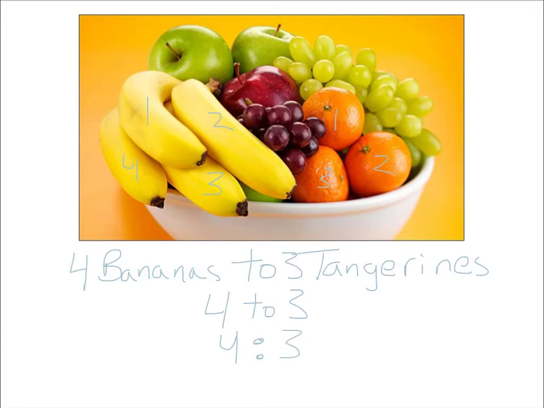And sometimes we may even write this as a fraction. So we would say 4 to 3. And so those are the different ways we can represent ratios. You'll see, again, the top one is longer and includes the units. We kind of take away the units as we speak about it, though. We say it's a ratio of 4 to 3 with bananas to tangerines.